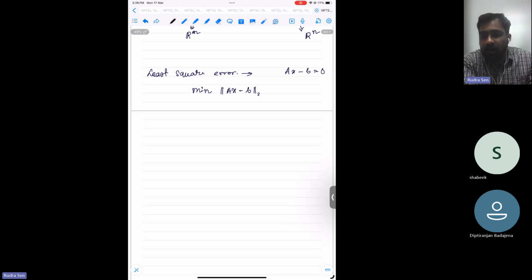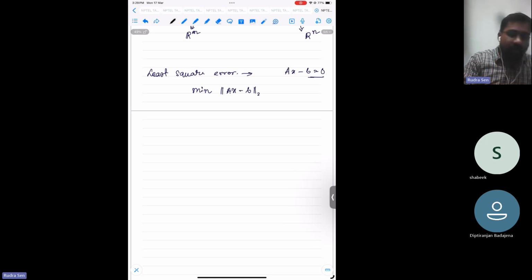But if we do not get that particular x, we need an x which tries to minimize this error. Obviously we do not get exact 0, but we get a solution which gives a value very near to 0. So we need to minimize this least square error.